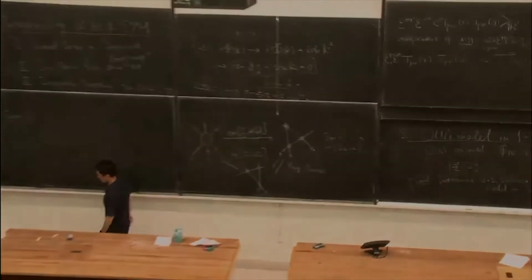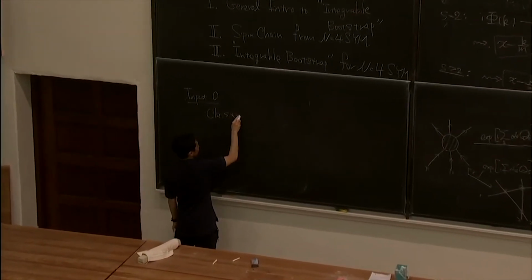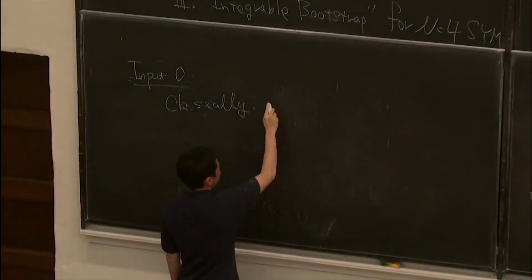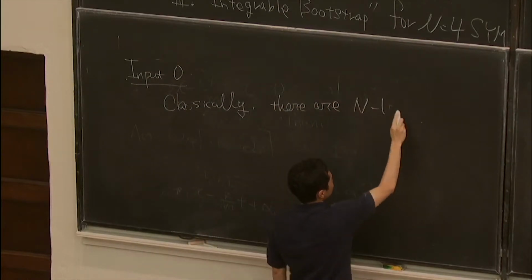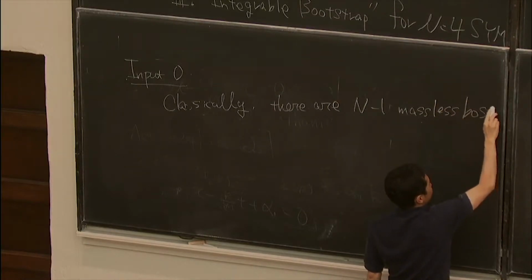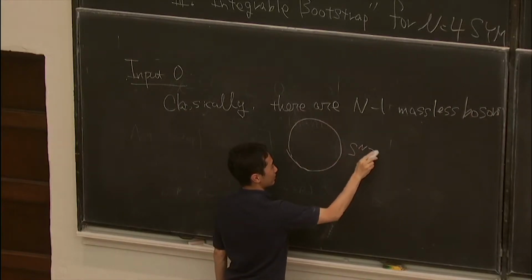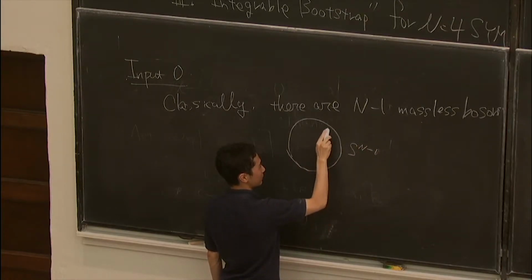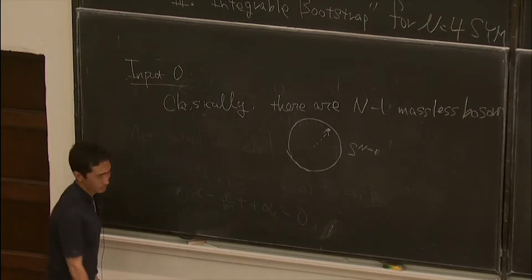Because the field is living on S^(n-1), classically there are n minus 1 massless bosons. You pick some direction, and if you consider the small fluctuation around it, there are n minus 1 directions. So classically, you may conclude that there are n minus 1 massless bosons.